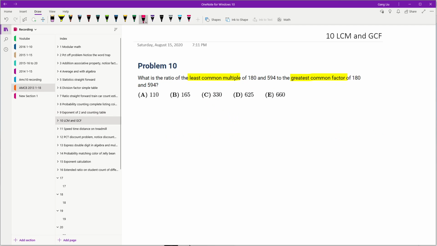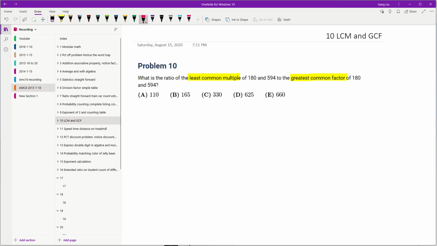Problem 10. What is the ratio of the least common multiple of 180 and 594 to the greatest common factor of 180 and 594?